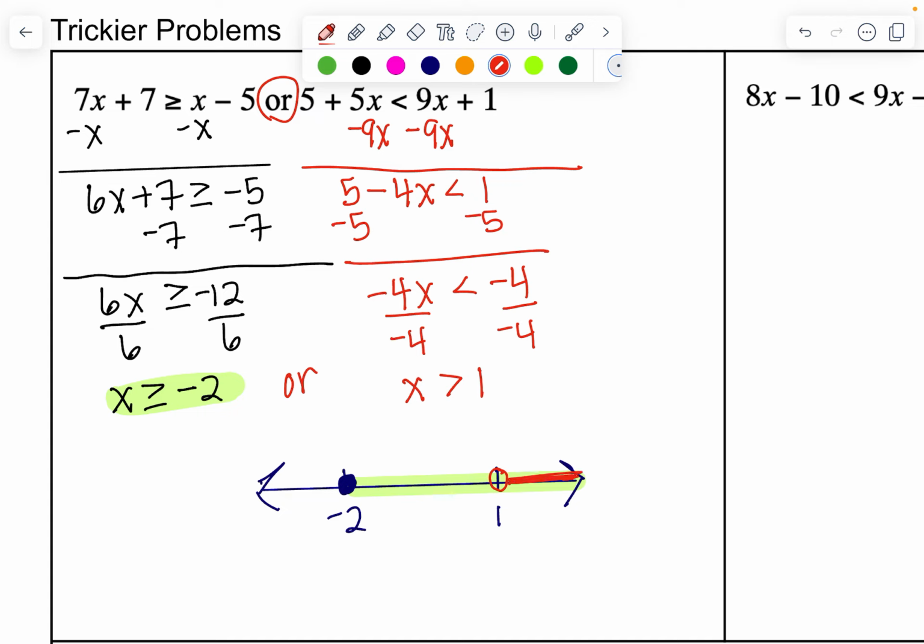So these ones do not go in opposite directions. So you have to be careful and actually graph each one to make sure that it is what you think it is. In this case, everything's going to the right, so we really are going to have a closed circle at negative 2 and then shaded to the right. That x greater than 1 doesn't really make a difference because all of those values have already been included in the x greater than or equal to negative 2.